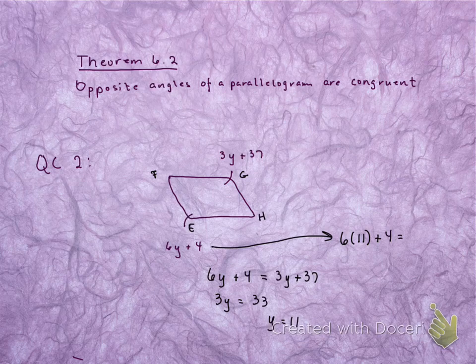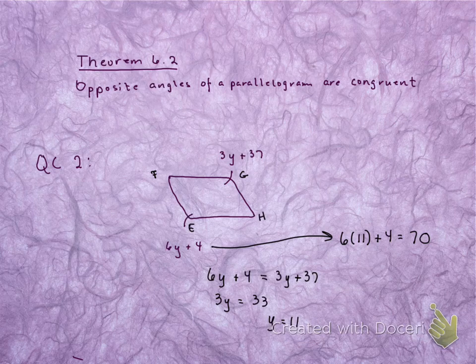So we found what y is equal to, but our question did not stop there. It's actually asking for the value of y and then the measure of the angles, and we only need one because they're both the same. So 6 times 11 is 66, plus 4 is 70. So each one of those angles, E and G, are both 70-degree angles.